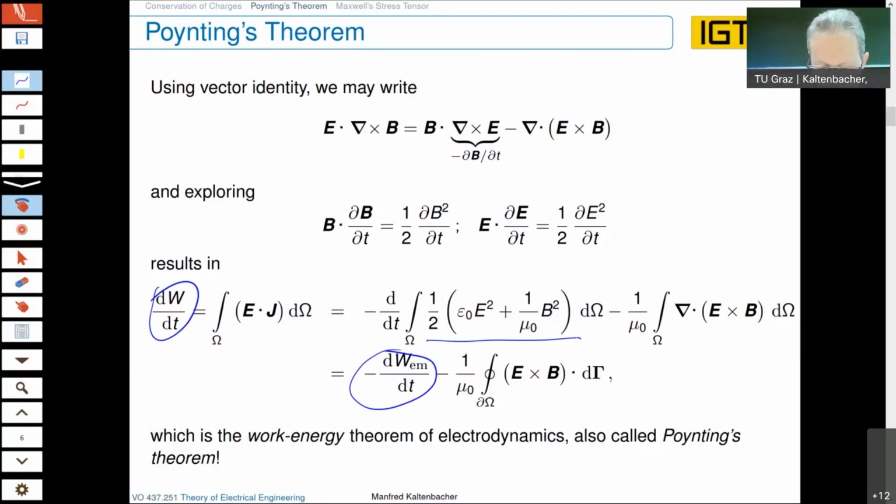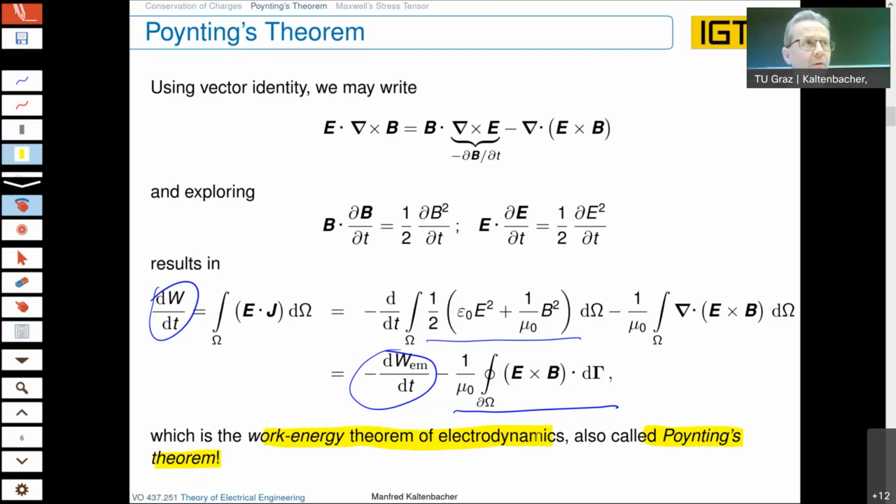We get an additional part, and as we see, it's a surface integral of the cross product between the magnetic field and the electric field. And we call this the Poynting theorem. It's the work energy theorem of electrodynamics.